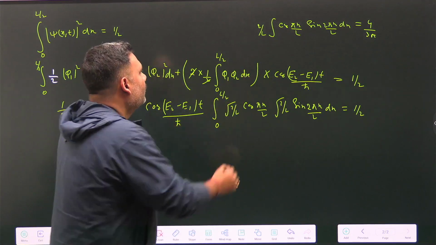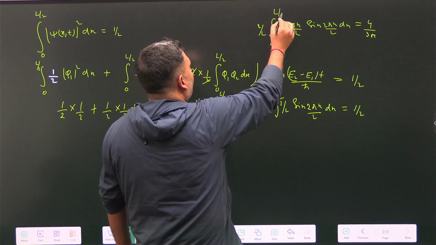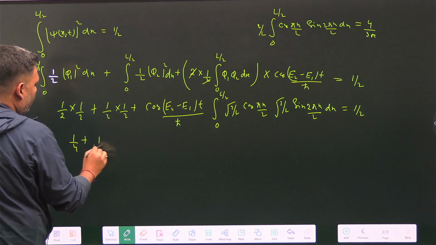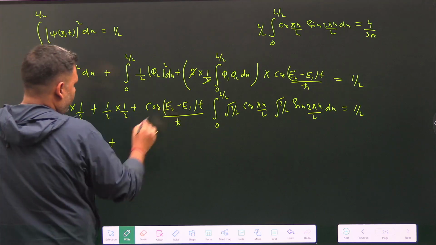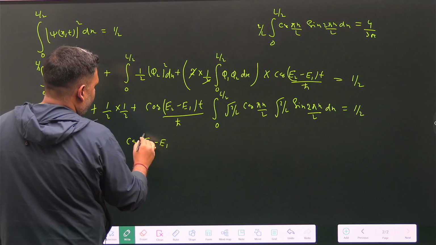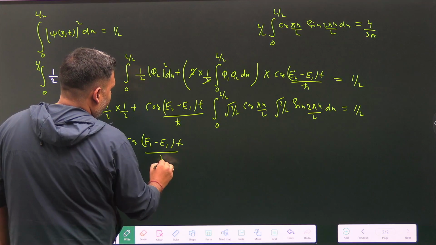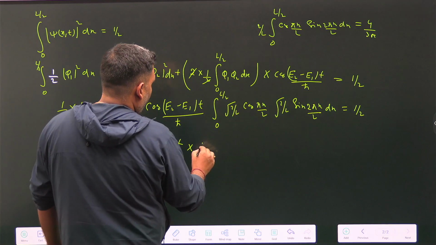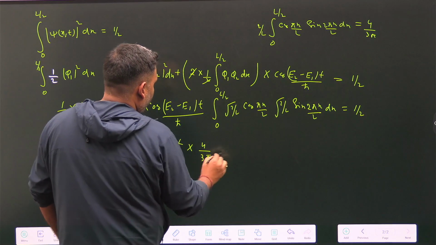So you can easily solve this. So this value is 1 by 4, this value is 1 by 4, and this value is cos (E2 minus E1)t upon h cut into 4 upon 3 pi.